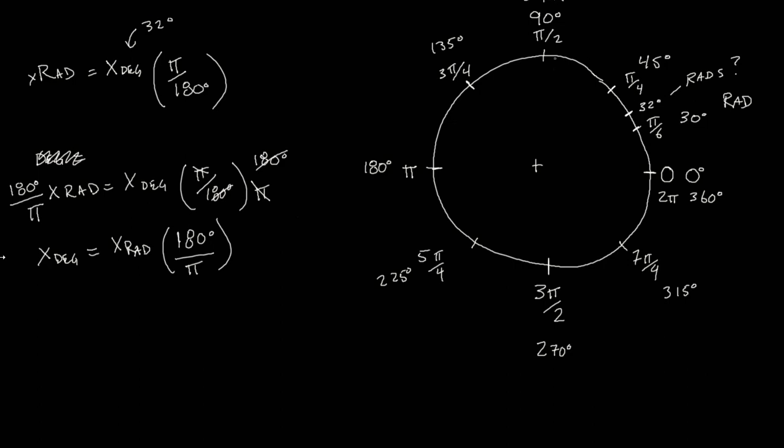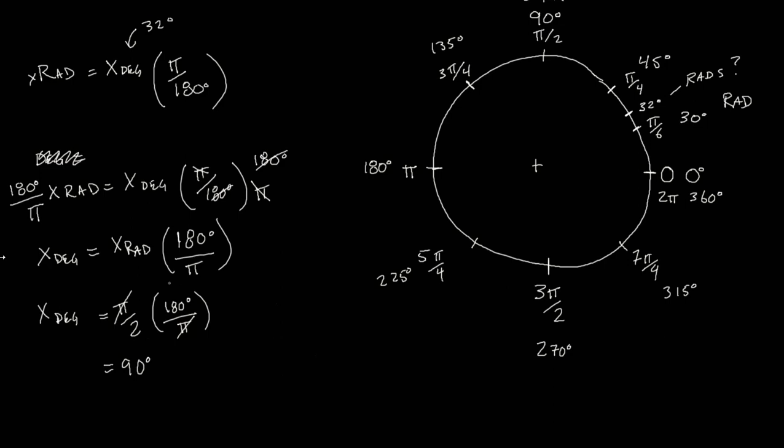If you wanted to know, make this equal to 90, I'll just show you very quickly. If you wanted to calculate this, pi over 2 radians times 180 over pi equals x degrees. So the pi's cancel, and you're left with 180 divided by 2, which equals 90 degrees.